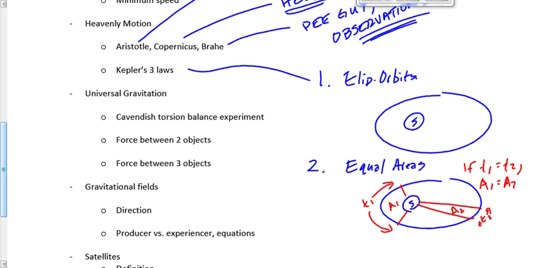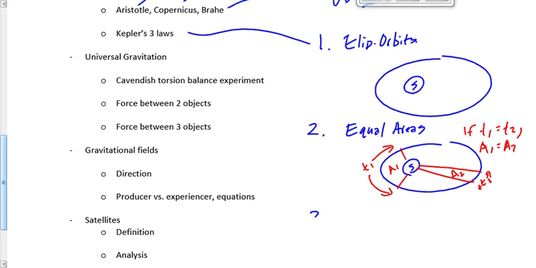And finally, the third one, called the law of periods. Says basically, we've got a constant called Kepler's constant. It's equal to T squared over r cubed. Kepler's constant is the same for anything revolving around the sun.